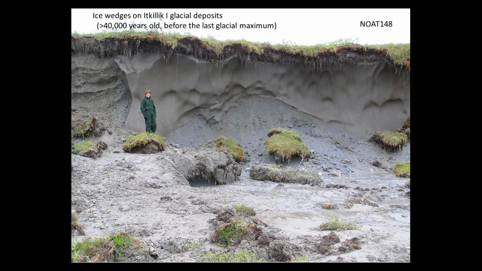So that makes them older than 40,000 years old. These are glacial deposits that sat around during the extremely cold conditions that followed their deposition during the last glacial maximum, when all the Yedoma was forming on the Seward Peninsula and those kind of places. And we got these big, dirty ice wedges that we are familiar with from Yedoma deposits in the glacial deposits. So these are not uncommon in thaw slumps that are on the Achillic 1 glacial deposits.